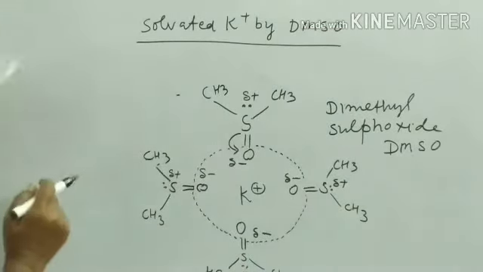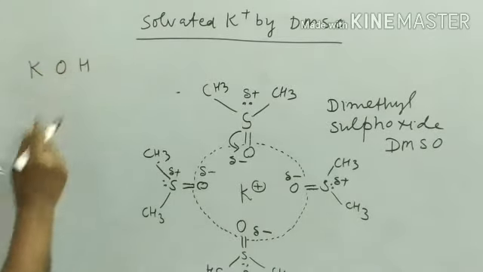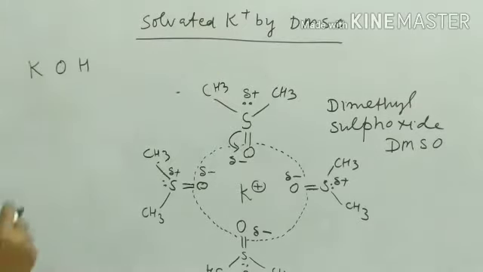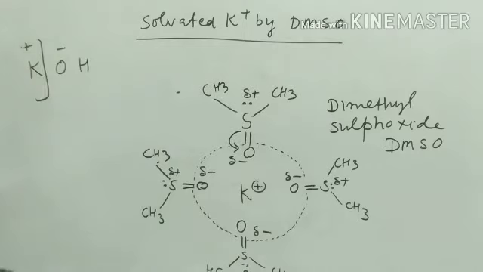When KOH is taken in dimethyl sulfoxide, this has been captured. So, the remaining part, hydroxide ion, which is negatively charged nucleophile, becomes free.